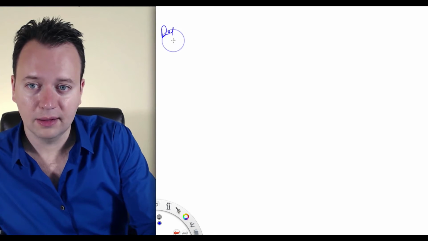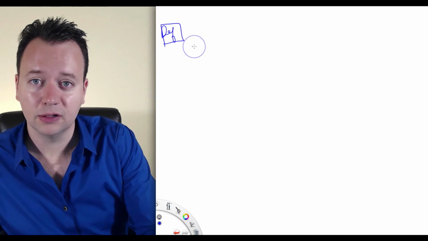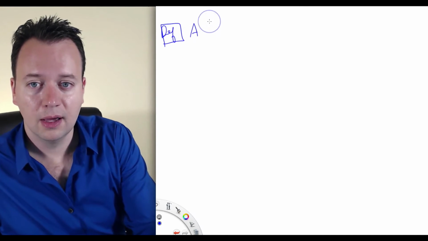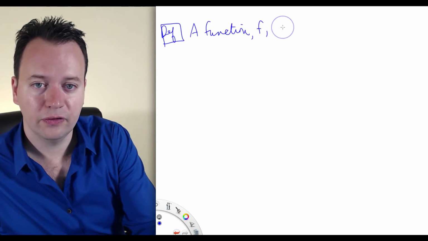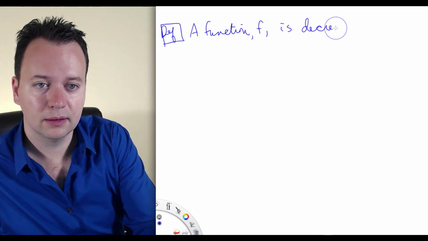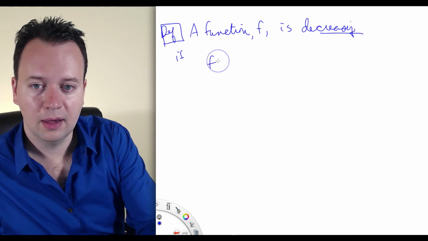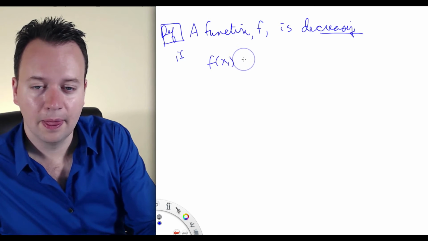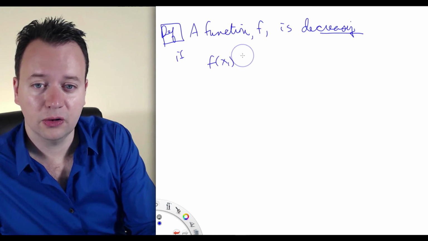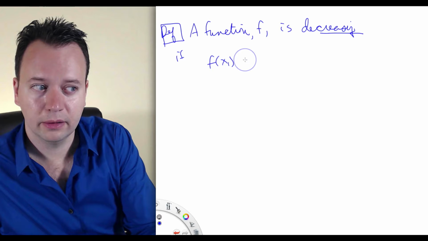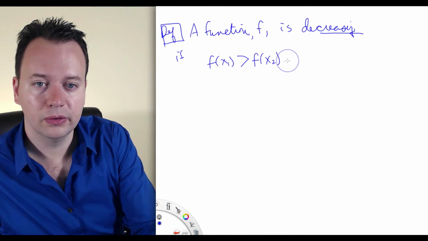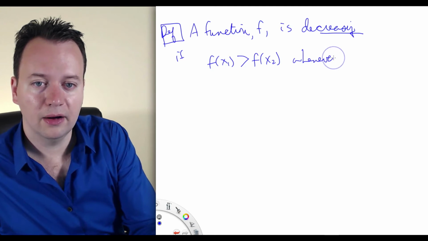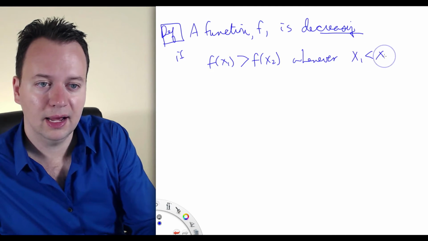And then a decreasing function is just the opposite. Let's take a look. Definition: a function f is decreasing if f of x1 is greater than f of x2 whenever x1 is less than x2.